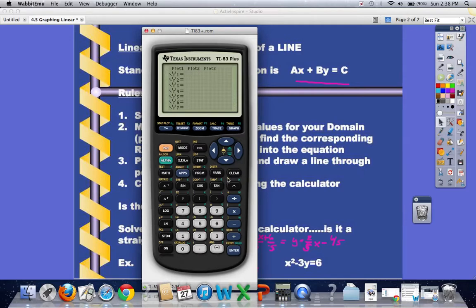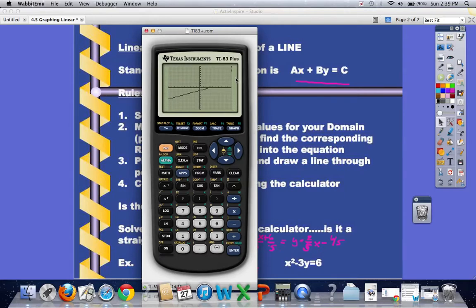So now I've got 2 divided by 5, and I have the x up here, and the minus 6 divided by 5. Okay, make sure you typed it in right and double check what you've got. Then you hit graph.